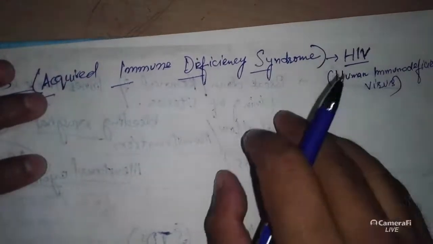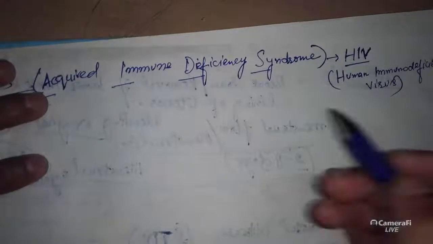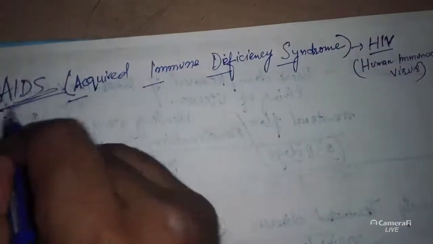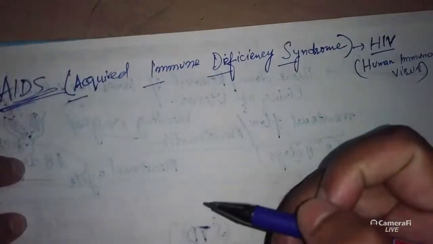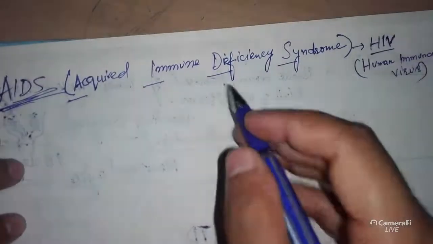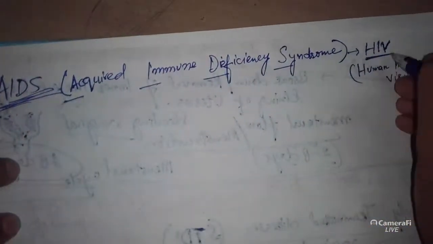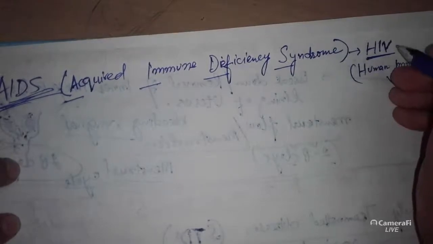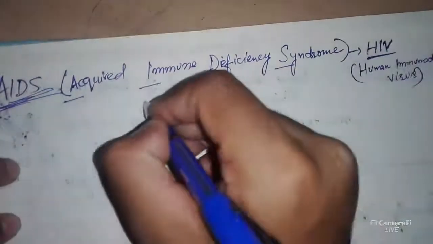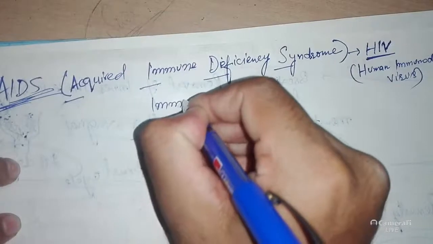Okay. So this virus causes the dreadful disease, that is AIDS. Actually, what happens? This HIV virus goes and suppresses the body's immune mechanism.